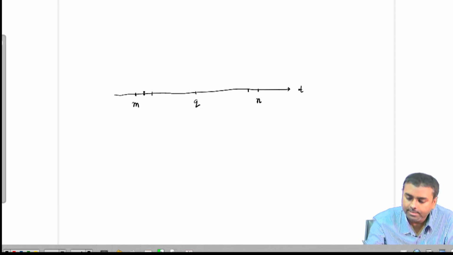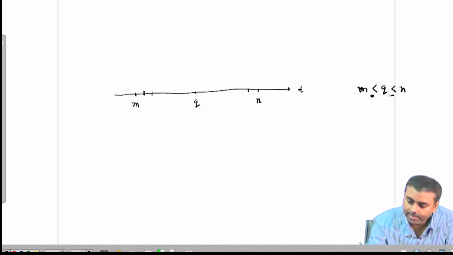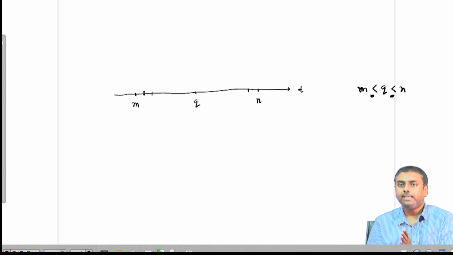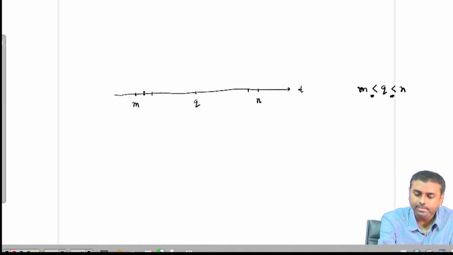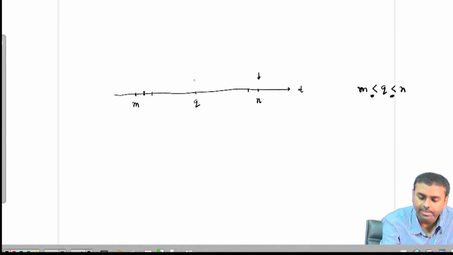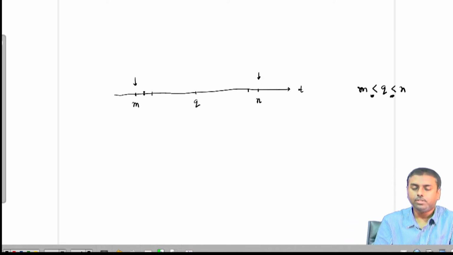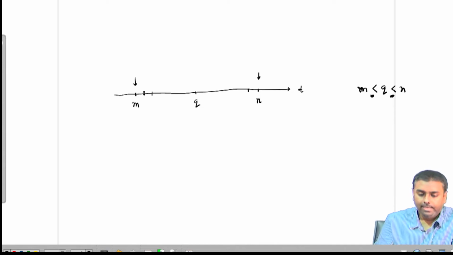According to this, the index m is less than or equal to q, less than or equal to n, or in our description, we are taking strictly less than. Basically, time is progressing and n is a later time. You can talk of this as the future, this might be some intermediate step, and this is probably the present state.